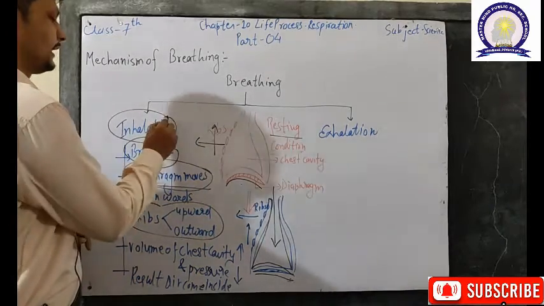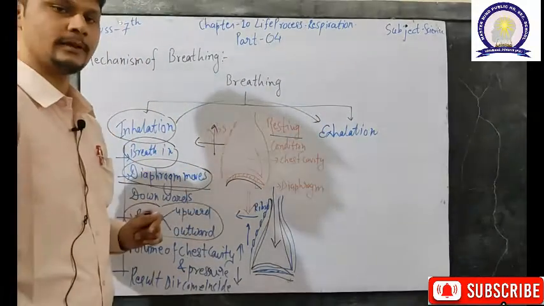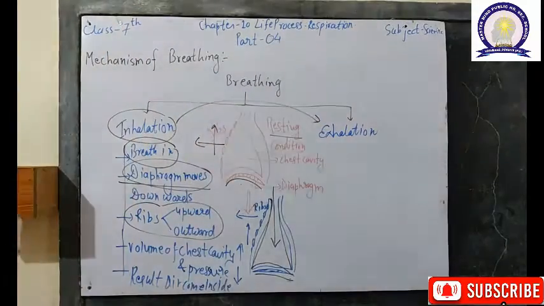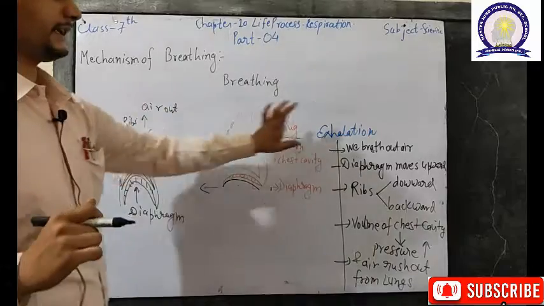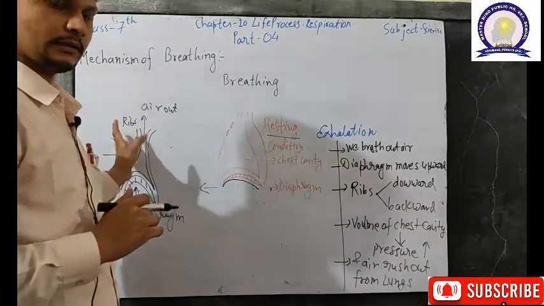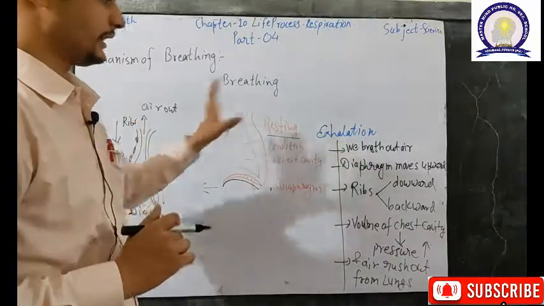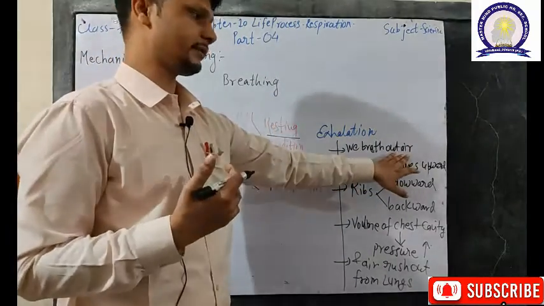Now inhalation is followed by exhalation. In the further part we will discuss exhalation. So what occurs in exhalation? Just the opposite of what occurred in inhalation. In exhalation we breathe out air outside of the body.